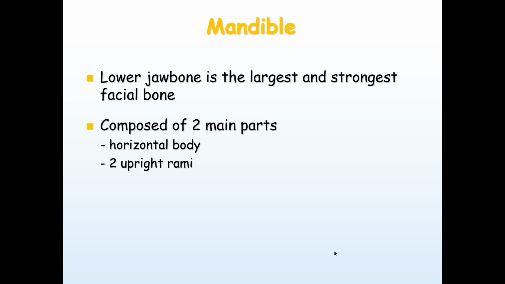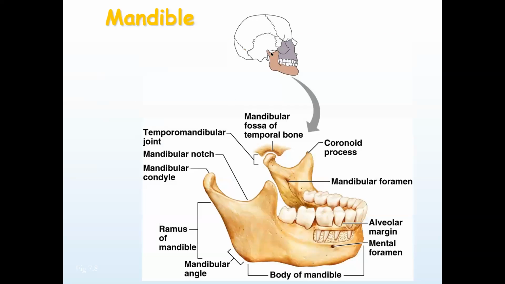With the upper jaw. So here we have our mandible. Here we have the body of the mandible, and the teeth sit in the body. And then we have the rami, 1, 2, which form a joint with the maxilla, right?